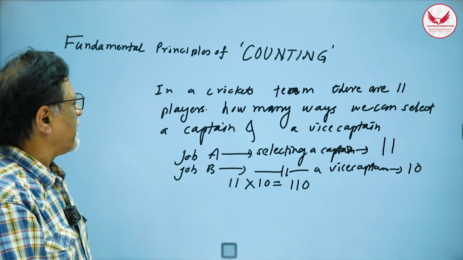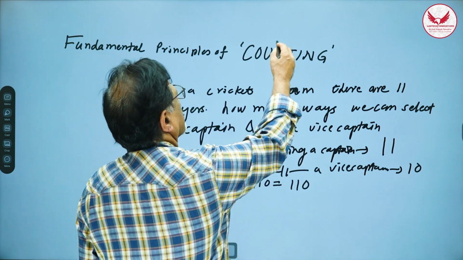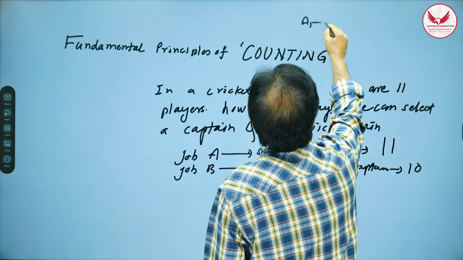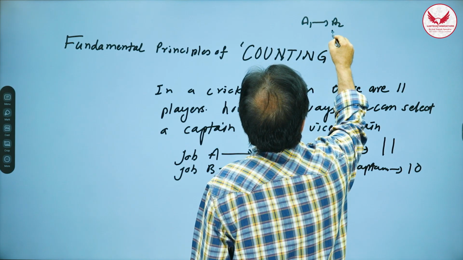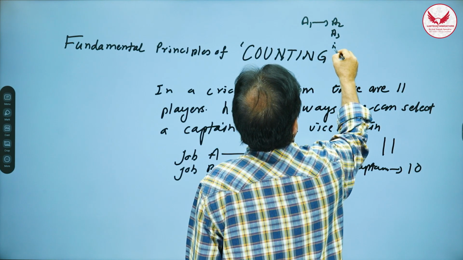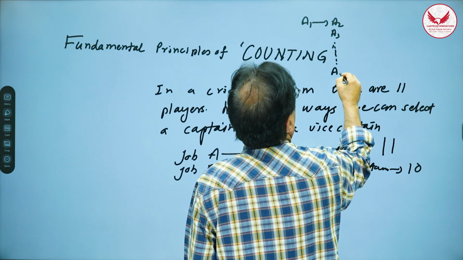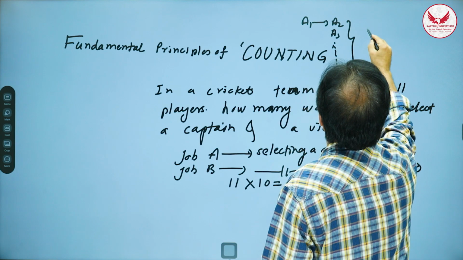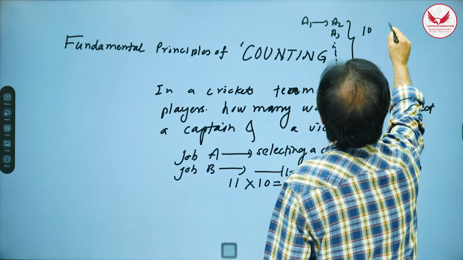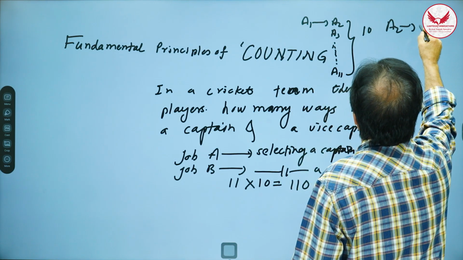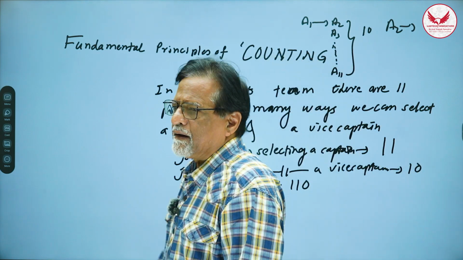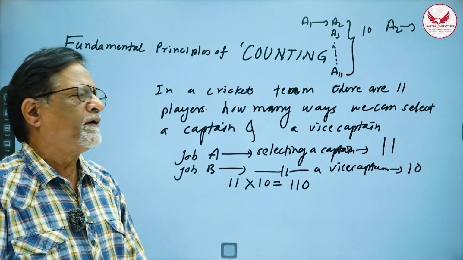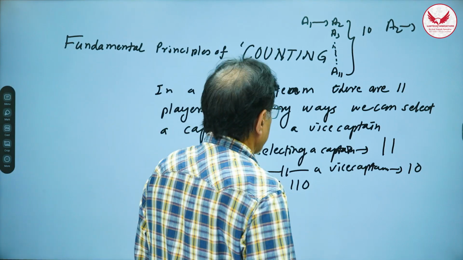Correct? There are 110 because if you take A1 as captain, for example, then A2 can be vice captain, A3 can be vice captain, and like that A11 can be vice captain. So with A1, there will be exactly 10 pairs. With A2, there will be exactly 10 pairs. Like that, there are 11 captains, therefore 10 plus 10 plus 10, 11 times, will give you 110.